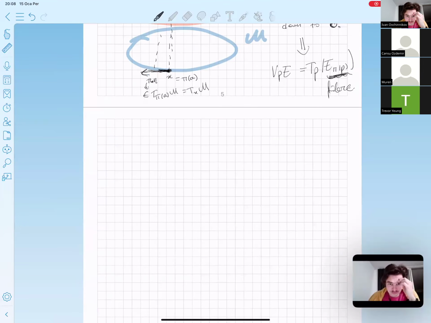Am I allowed to do that, Iman? Am I allowed to give the proposition but not write the proof? Yeah, that's fine. Okay. As long as you draw a picture that makes it completely obvious, then I'm convinced. Okay. I'm not gonna draw a picture for this one, but I will explain it first.